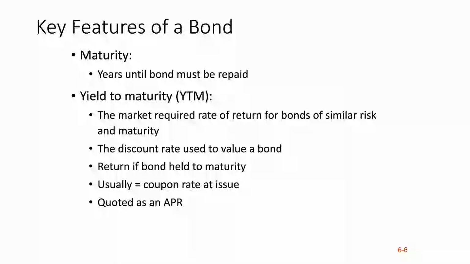The name suggests you hold this bond to its maturity. What is the return? It is the coupon rate at the issuing time. The quotation is usually in APR, annual percentage rate, but the coupon is paid semi-annually. Later we'll talk about that.